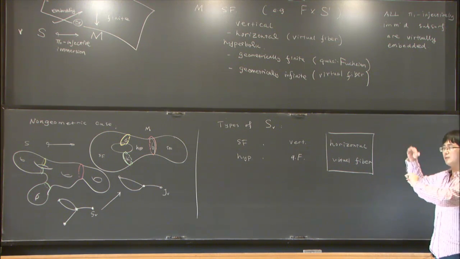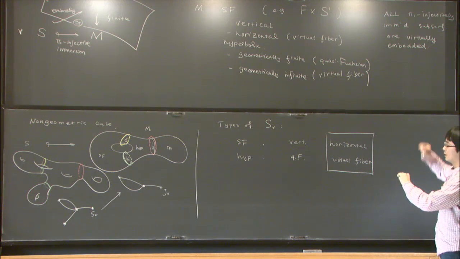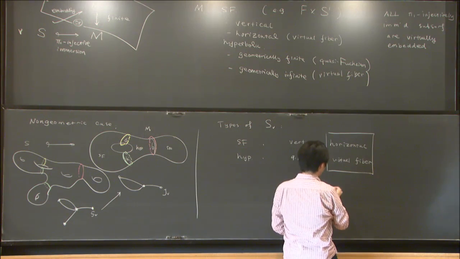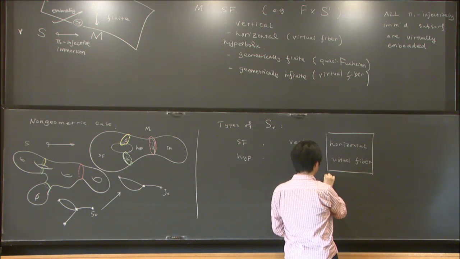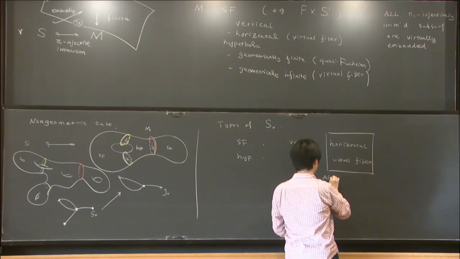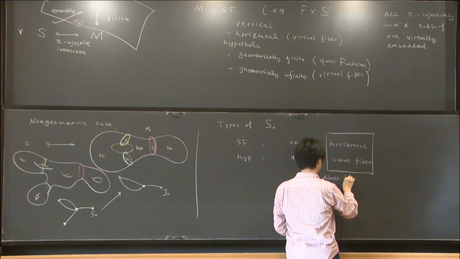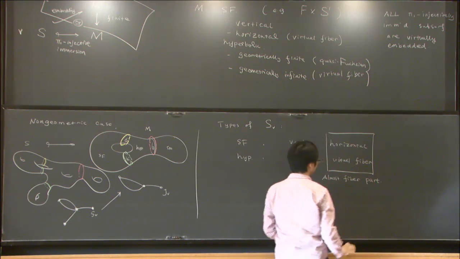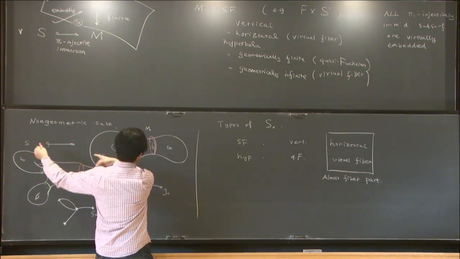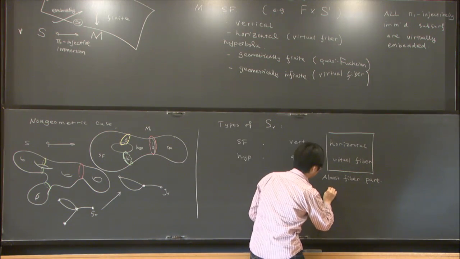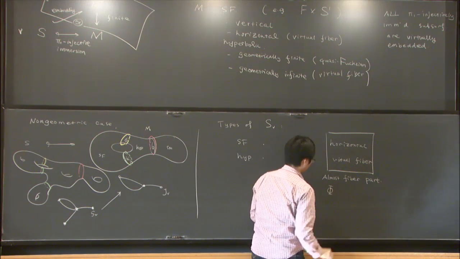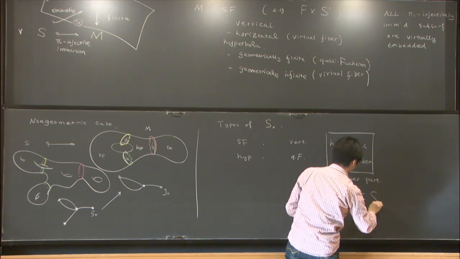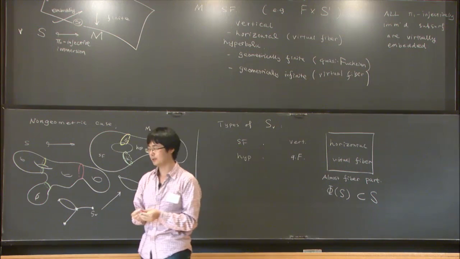But there are some cases where it cannot really be embedded. So I'll call this union of such surfaces the almost fiber part, induced by this decomposition and the immersion, and denoted phi sub S inside S.